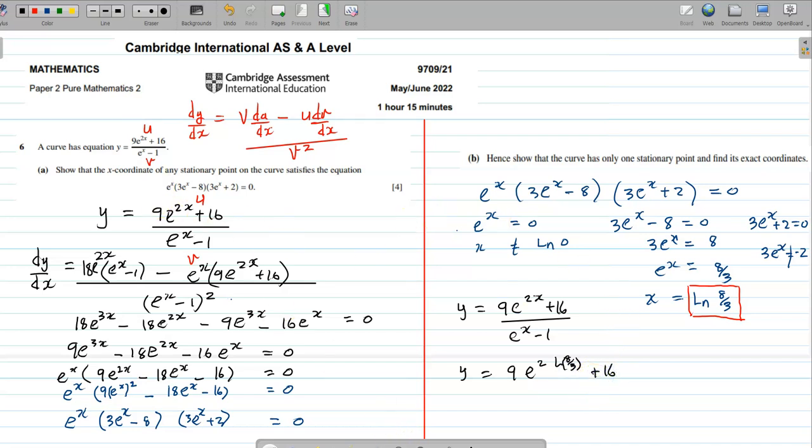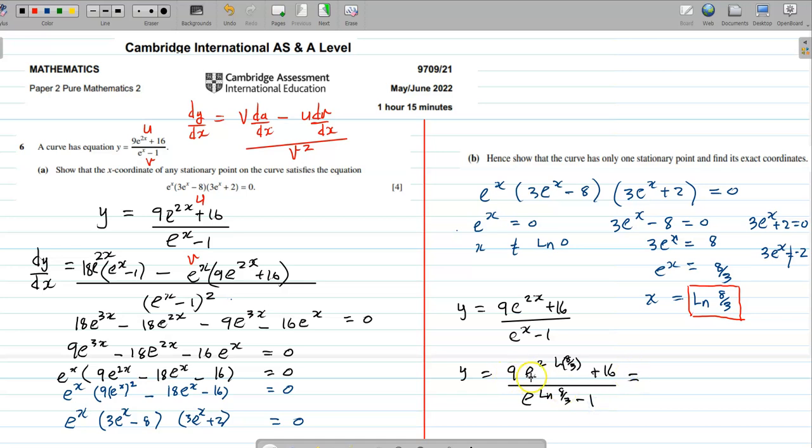all of that over, I'm going to just show you what's going on there. So we have e to the ln 8/3 minus 1.